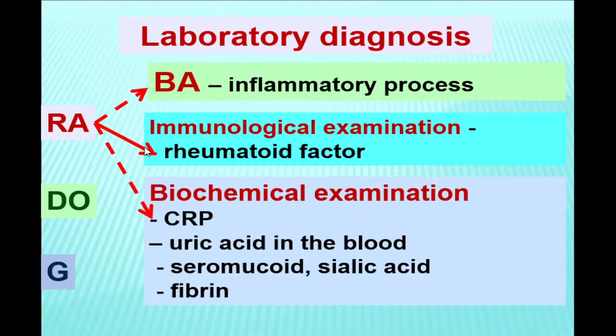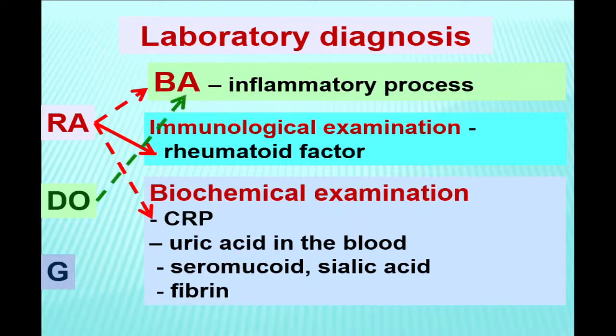It's an obligatory index. Blood analysis and C-reactive protein may be active only in the period of active exacerbation. In the period of remission, blood analysis is near normal, C-reactive protein negative, and only rheumatoid factor may be revealed.